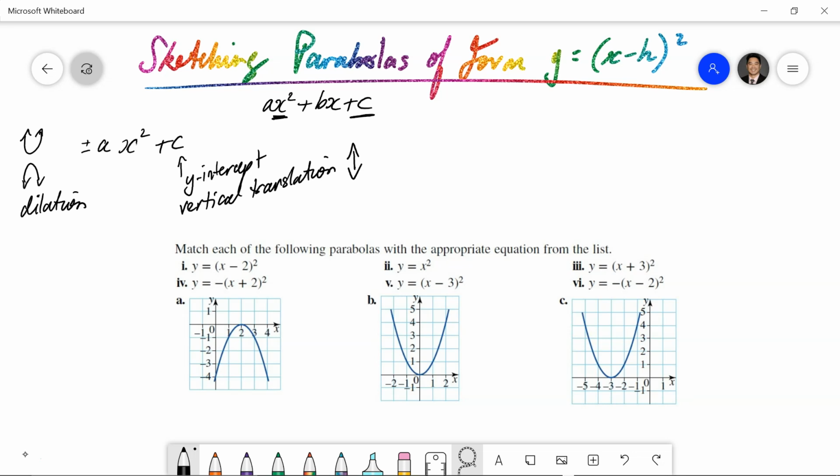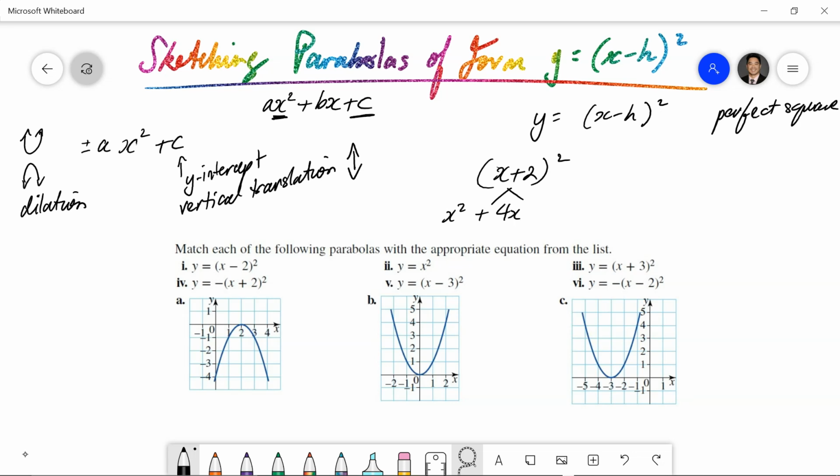Now we're looking at this form, y is equal to x minus h all squared. In one way, it is a perfect square when you factorize things. I'm reverting back to the previous chapter on quadratic algebraic expressions. If we had something like x plus 2 all squared, you should know how to expand that to become x squared plus 4x plus 4.